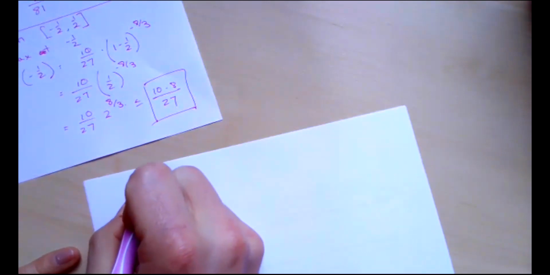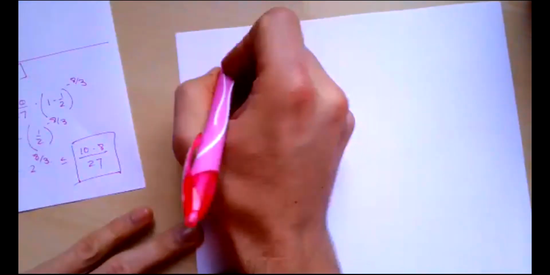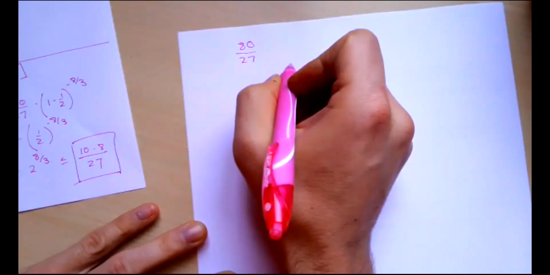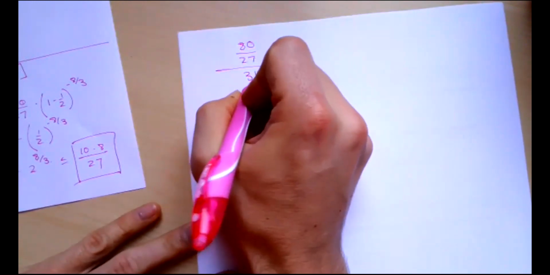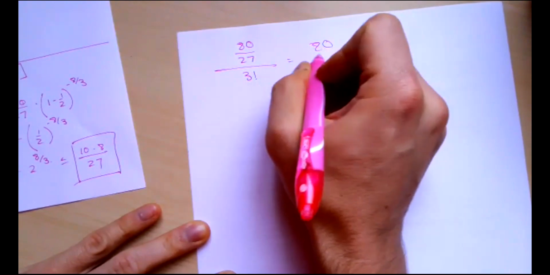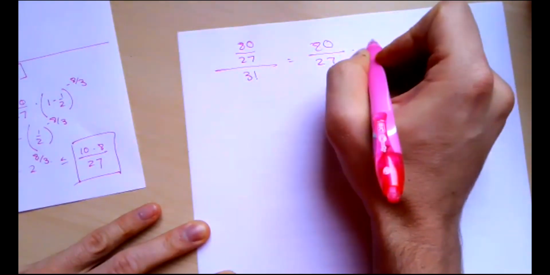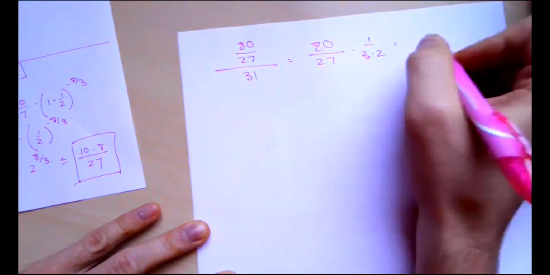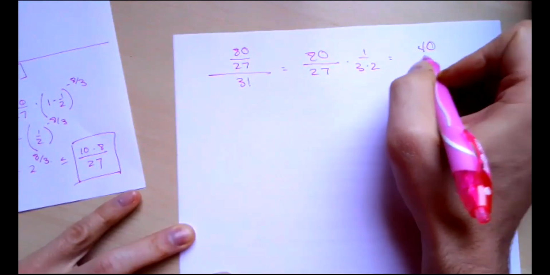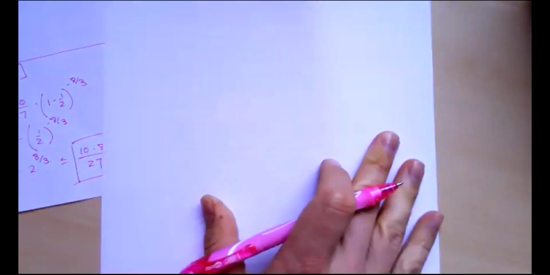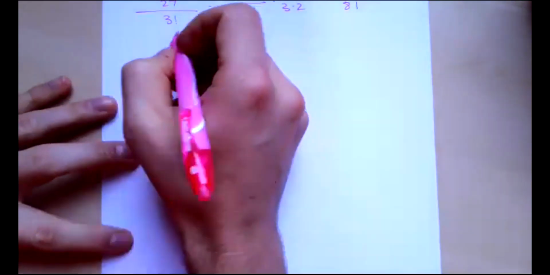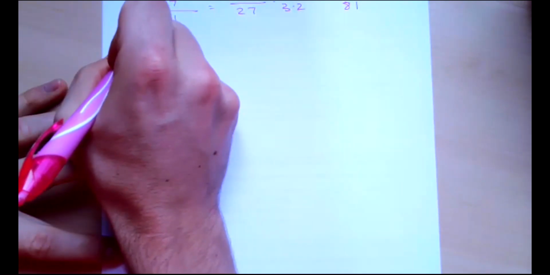So on the interval 1/2 to 1/2, our margin of error was 80 over 27, and then that divided by 3 factorial, which is now 40 over 81. So if we don't like that and we want to meet a quota, we want to be within a specific margin of error, those ones can get a little tricky.